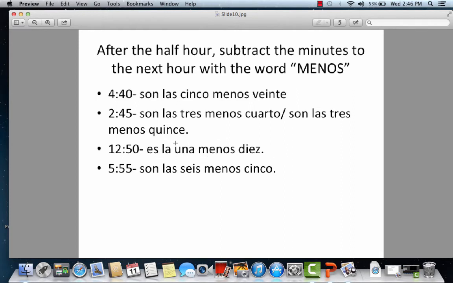So notice that I am translating backwards. 15 till 3. 20 till 5. So when I translate backwards, what I do is I replace the word menos with the word till, and I start translating from the back. That's another way to look at it.